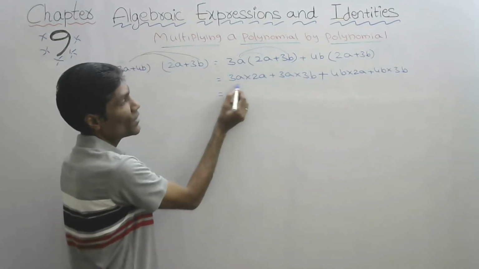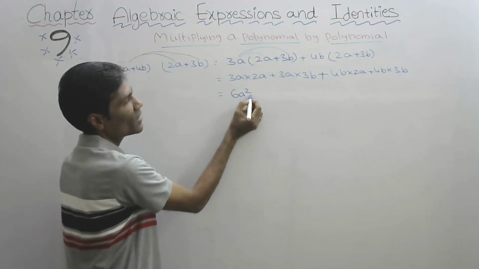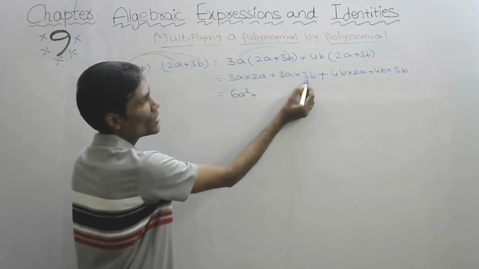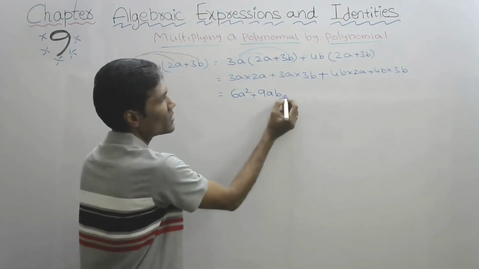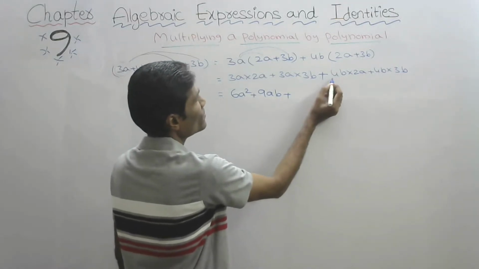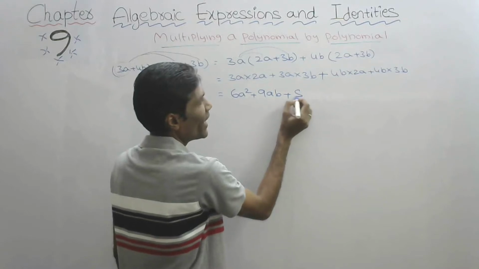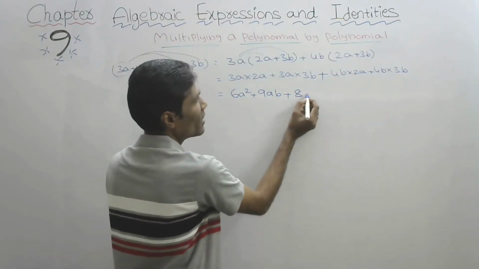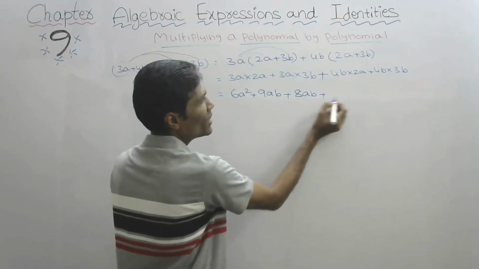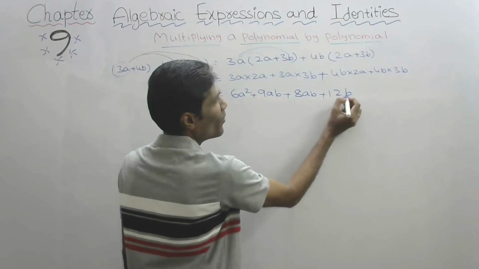So 3a into 2a, 6a square. Then 3a into 3b, 3 3s are 9, 9ab. Then next 4b into 2a, 4 2s are 8, 8ba, or we can write it as 8ab, plus 4b into 3b, 4 3s are 12b square.